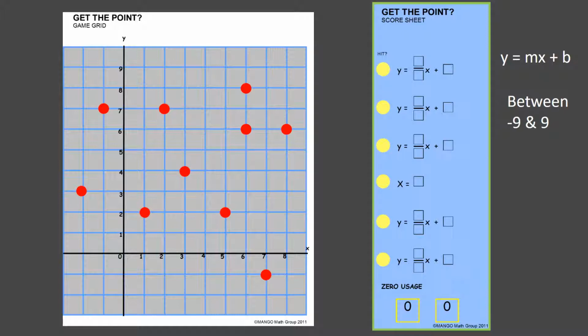But for b, if you can see, you can't have more than -3. So although it says any number between -9 and 9, your y-intercept cannot be anything more than -3 because it's not on the board.